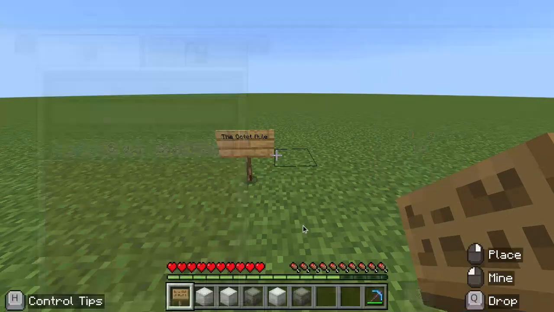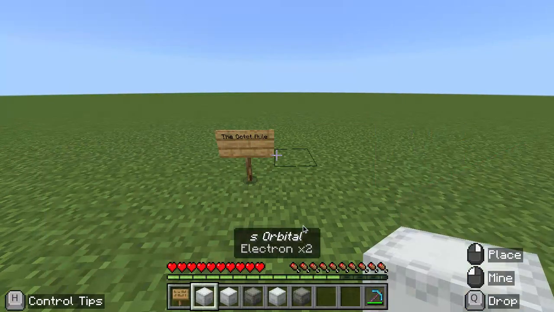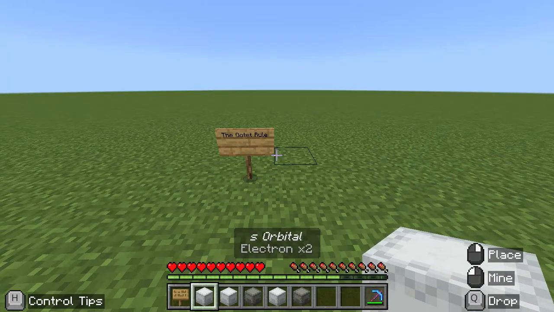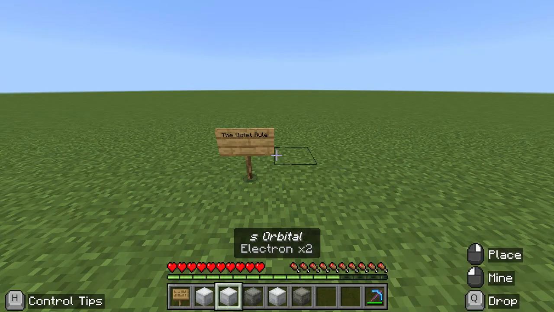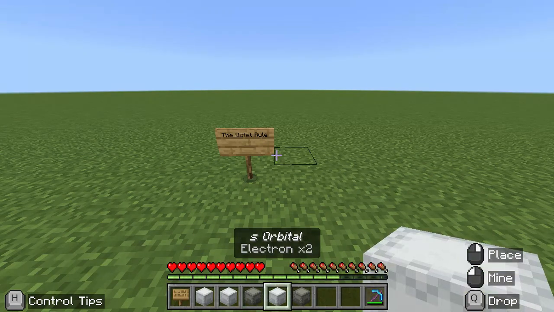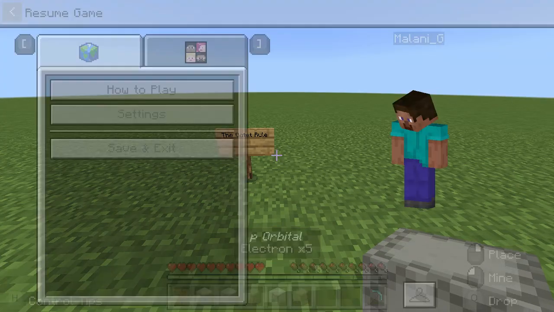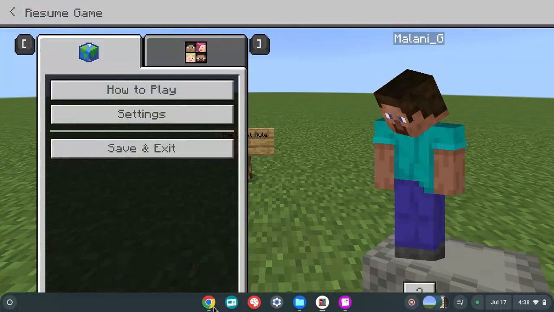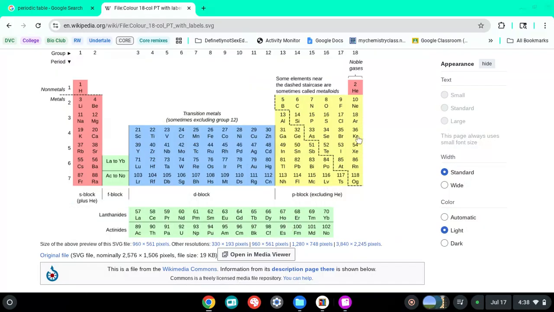Now what do I mean by that? Well, let's see. Right now I am an element. I have electron configuration 1s2, 2s2, 2p6, 3s2, 3p5. Now if we go to our periodic table, you can see I am chlorine.